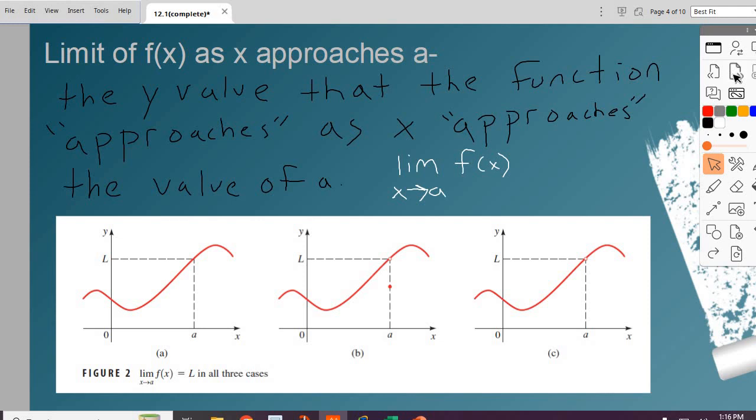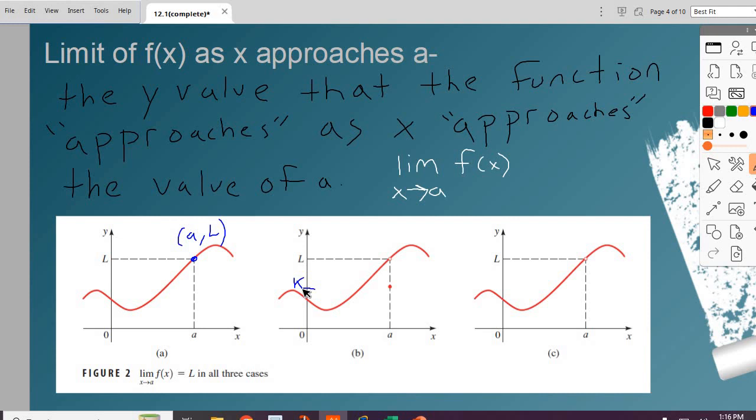So here are a couple of graphs. This first one actually has a point at the designated a value, so this point would just be a comma L, which is okay. But now notice here, let's say that this value is at K for where this dot is. So notice that at a we actually have a hole in our graph, so my limit is still going to approach L, okay?